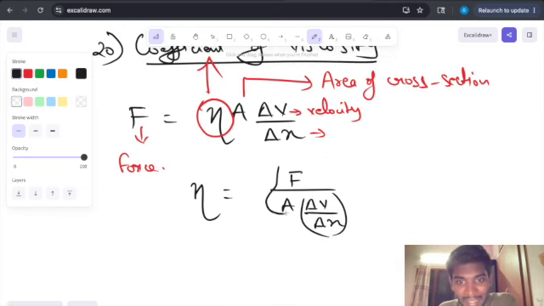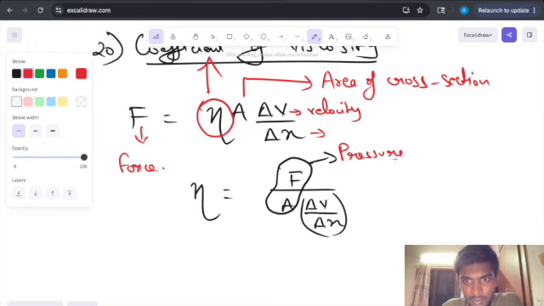F by A is pressure, force by area is pressure. It is fine if you don't understand what this delV by delX is. Just listen to what I'm telling. This is velocity, this is length. Whatever I'm teaching you right now is basically to let you know how to derive the dimensional formula of any physical quantity. That is the goal of this video.